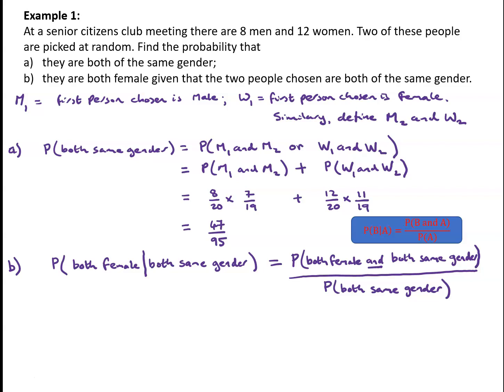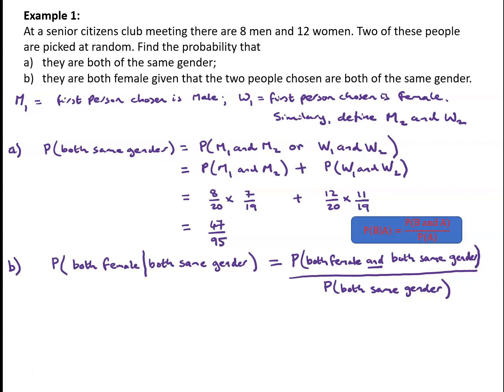We want the probability they are both female given that they are both the same gender. So from our rule for conditional probabilities, I've got to work out the probability they are both female and both the same gender and divide it by the probability they are both the same gender.